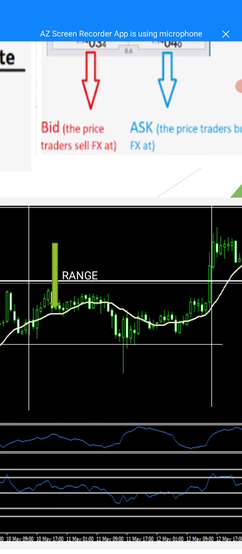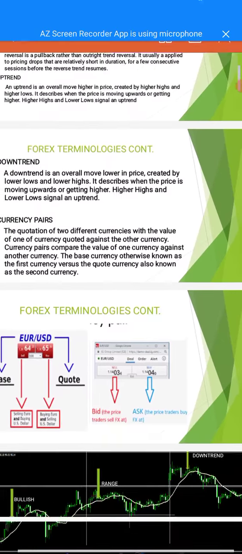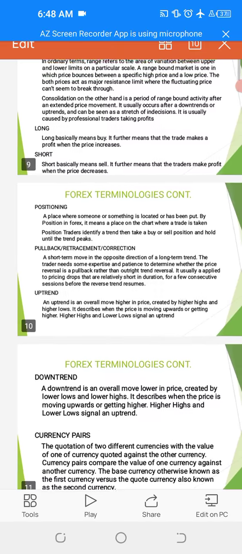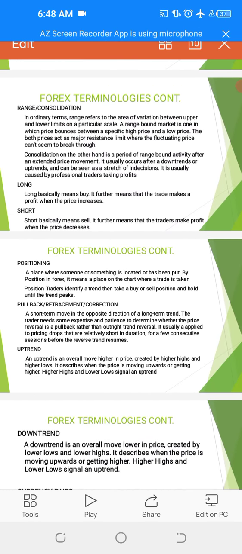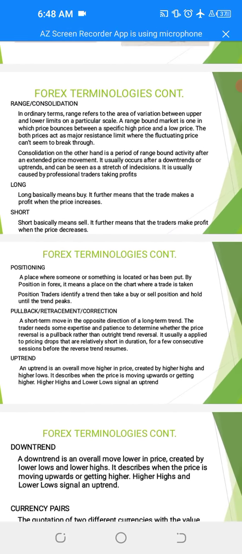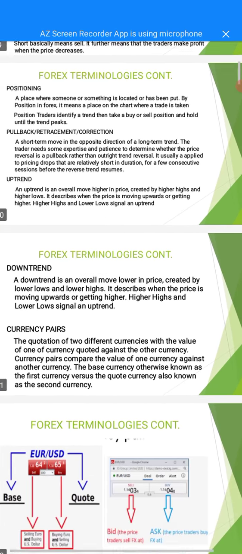The position covered by the upper horizontal line and the lower horizontal line is what we defined earlier as the consolidation.